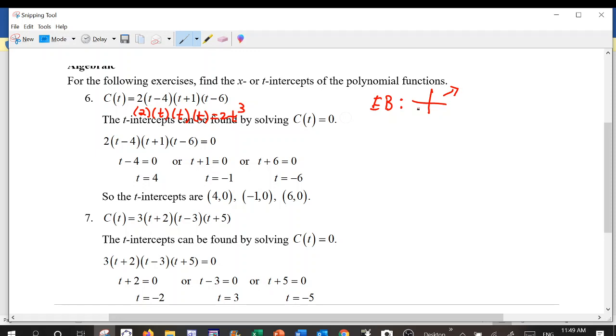On the right, when t is infinity, that would be infinity. And on the left, when t is negative infinity, to the 3rd is negative infinity. So when x is negative infinity, y is negative infinity, so the points go this way. So that's the end behavior.